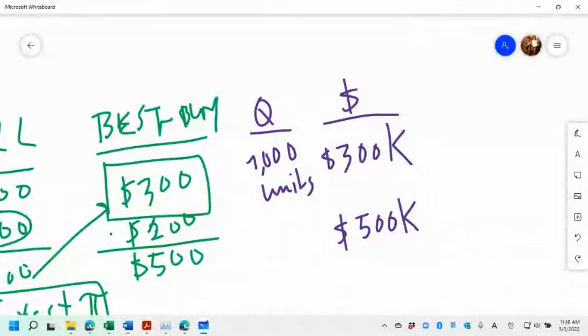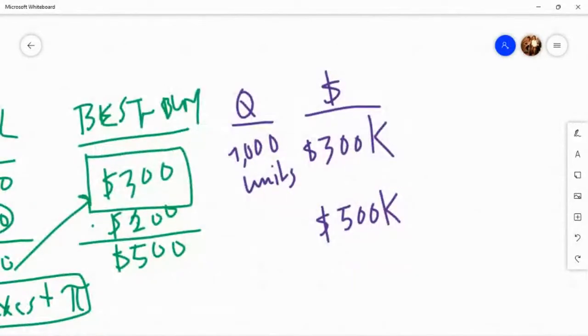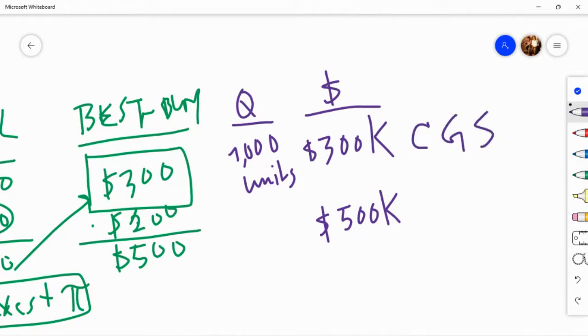And this is called CGS. And this is called revenue. Right? Make sense? Any questions so far? For Best Buy, right?